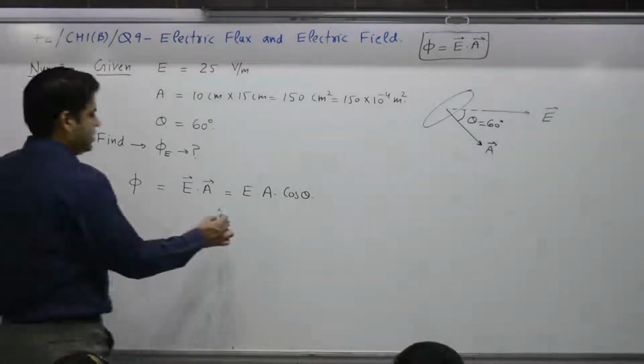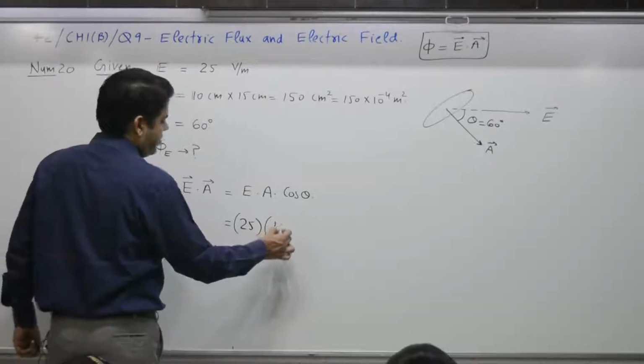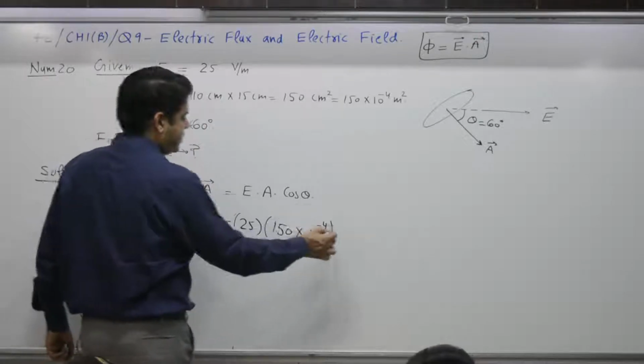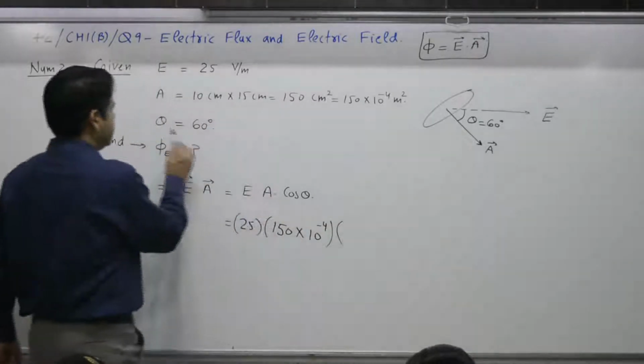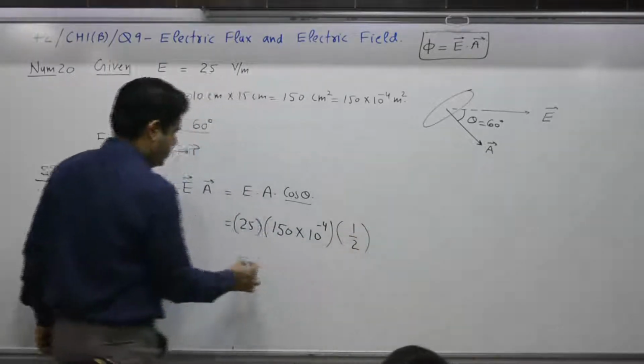E is equal to what? 25. Area 150 into 10 raised to the power minus 4 SI units. Cos 60, theta cos 60 is 1 by 2.